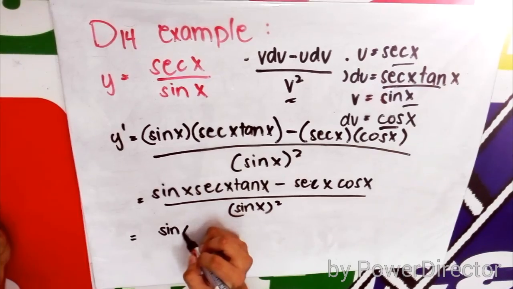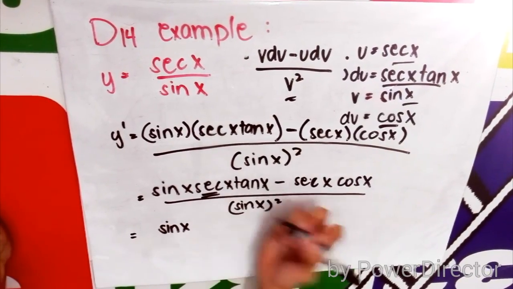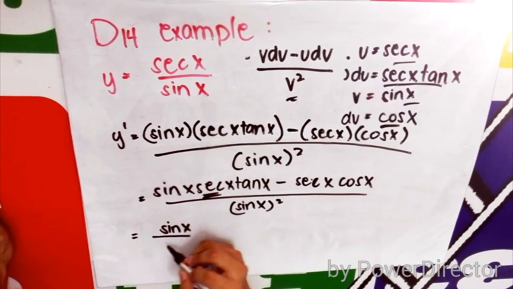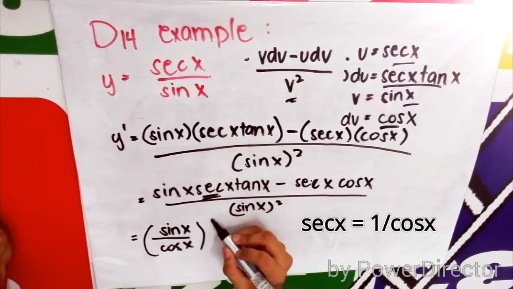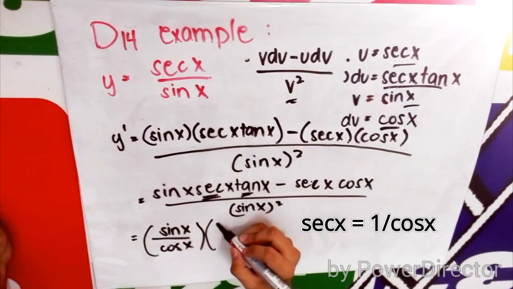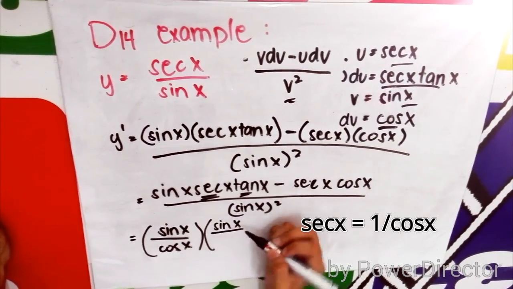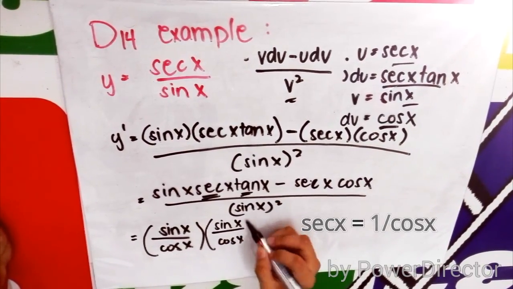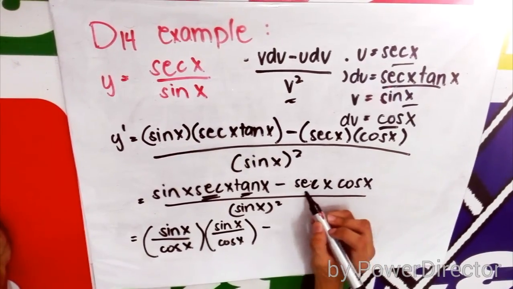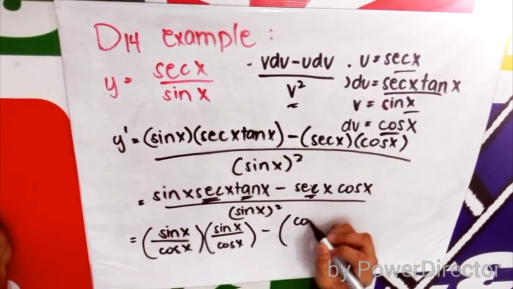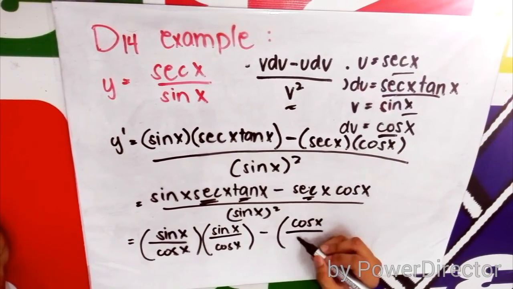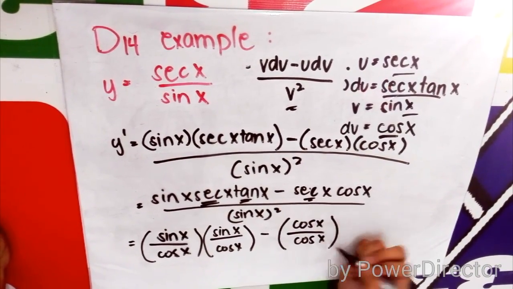Next, you have to use the fundamental identities: sin x times 1 over cosine x, and tan x is equal to sin x over cosine x, minus the fundamental identity of secant x, which is 1 over cosine x times cosine x.